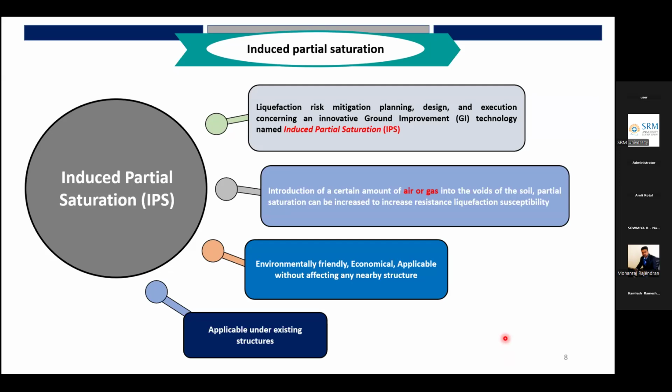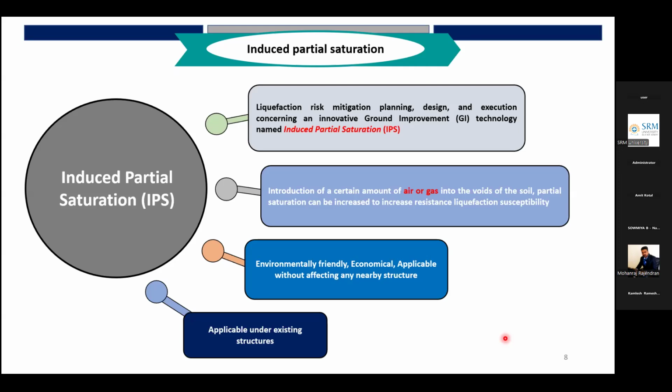So basically the issue of liquefaction is expected where you are talking about fully saturated soil mass, especially fully saturated soil mass with medium to loose densified state, and the soil is not having a significant amount of fine content. It's prone to liquefaction during an earthquake.